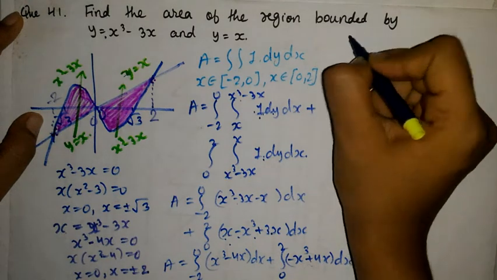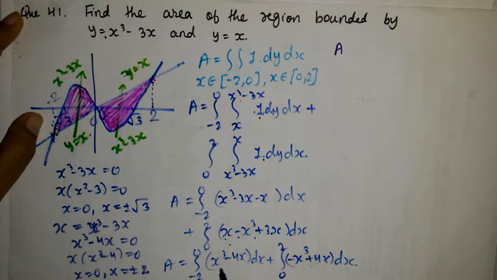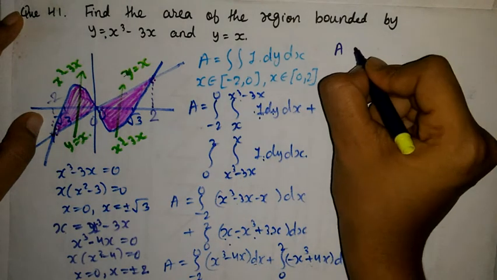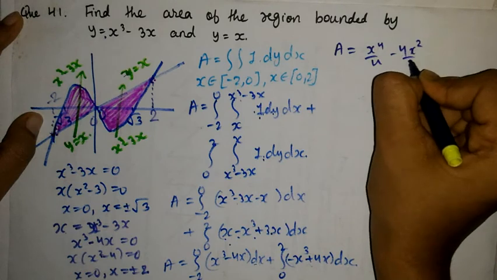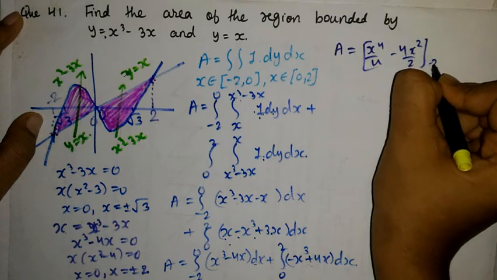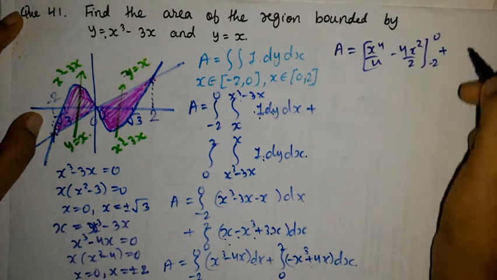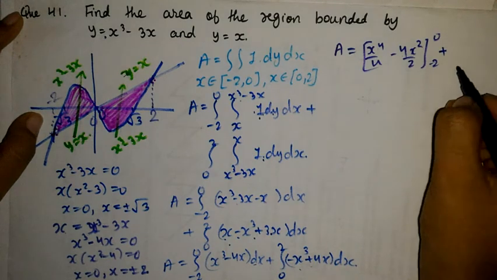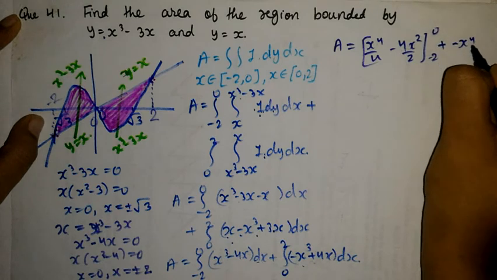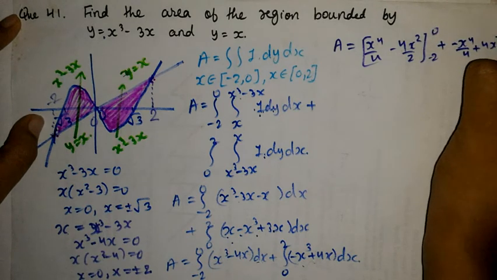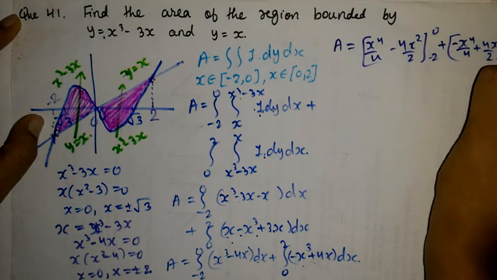So area is equal to integrate this term with respect to x, so we get x raised to 4 by 4 minus 4x square by 2, limit are from minus 2 to 0, plus integrate this term, so we get minus x raised to 4 by 4 plus 4x square by 2, limit are from 0 to 2.